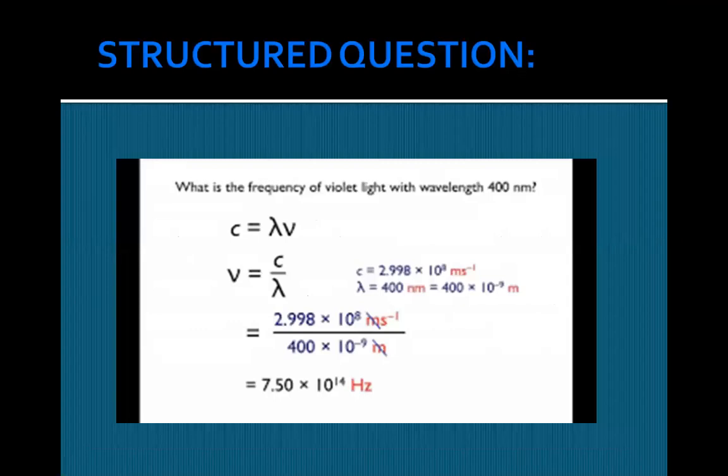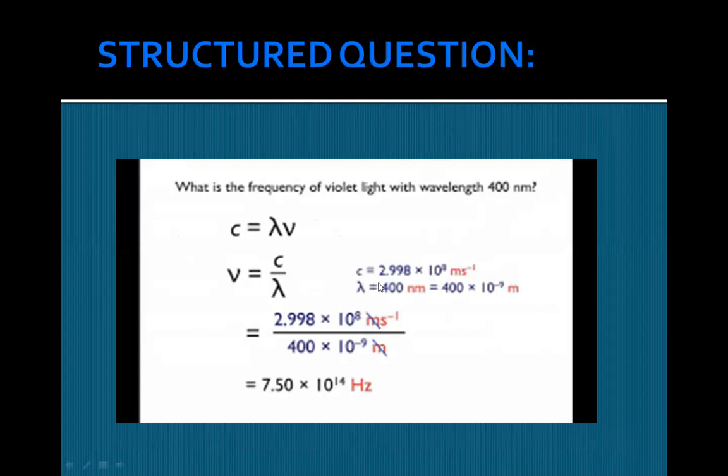There is another structured question for you. You have to clear it with the application of the concepts related to frequency and wavelength and dispersion of light. What is the frequency of violet light with wavelength 400 nanometer? Now you have to find the frequency of violet light while the wavelength is given, and nano means 10 raised to power minus 9. All of us are very well aware of the value of the speed of light.